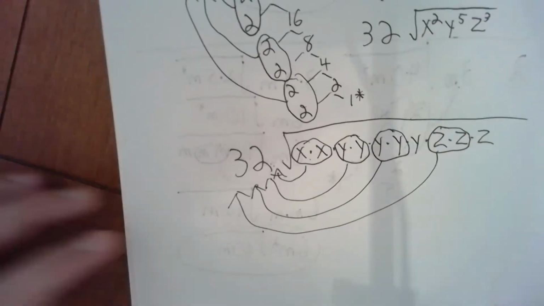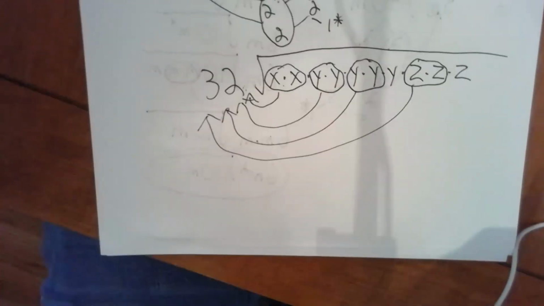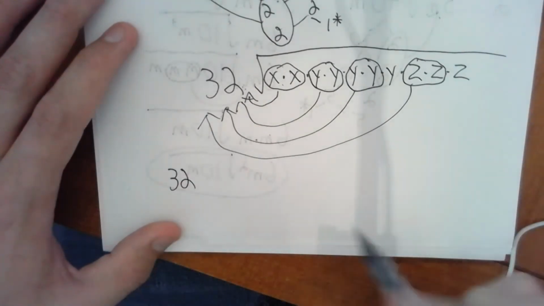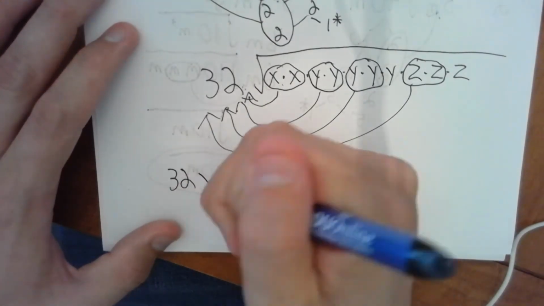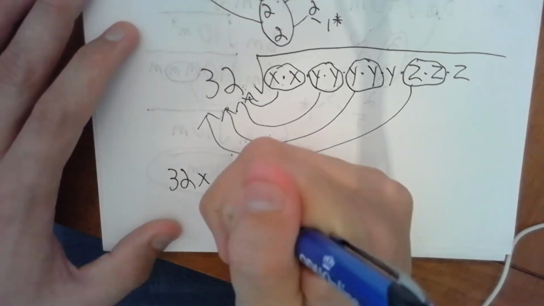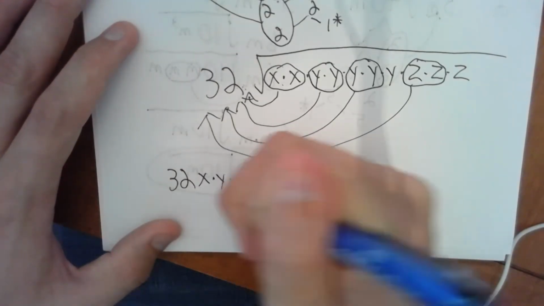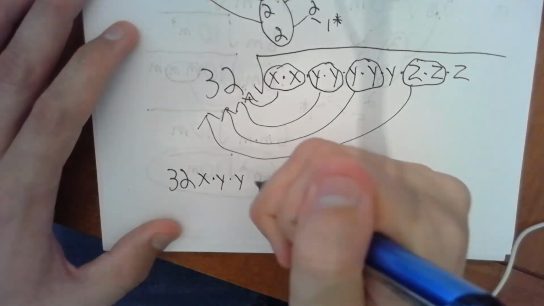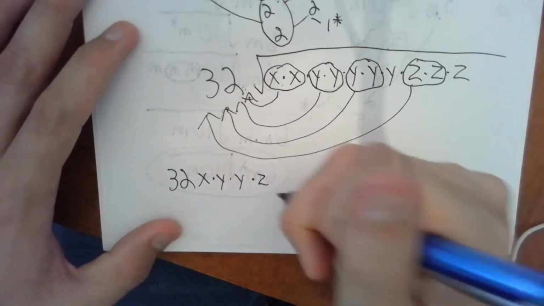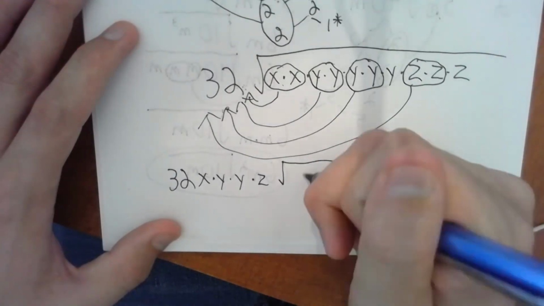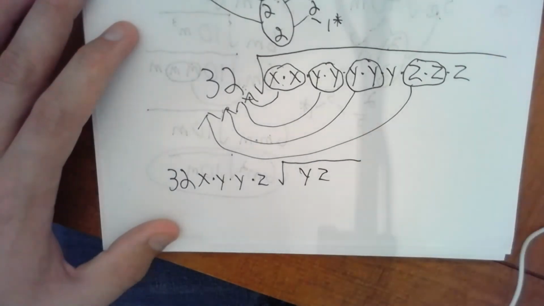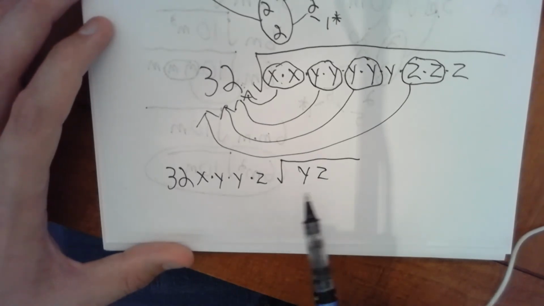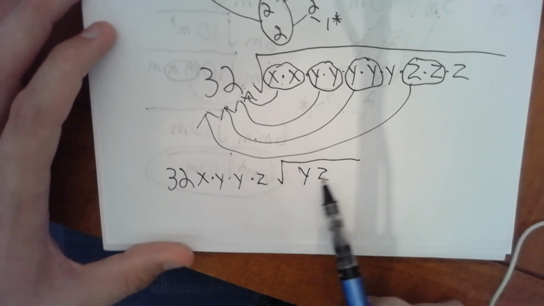And so on the outside, got to move this down again. Hopefully I don't run out of room. We got 32. Then we got an x from that pair of x's. We have 2 y's for those pairs of y's. And we have 1 z from that pair of z's. And then on the inside we still have yz. Now whenever you have variables right next to each other, you don't need to put the multiplication dot, like I didn't put it right here.